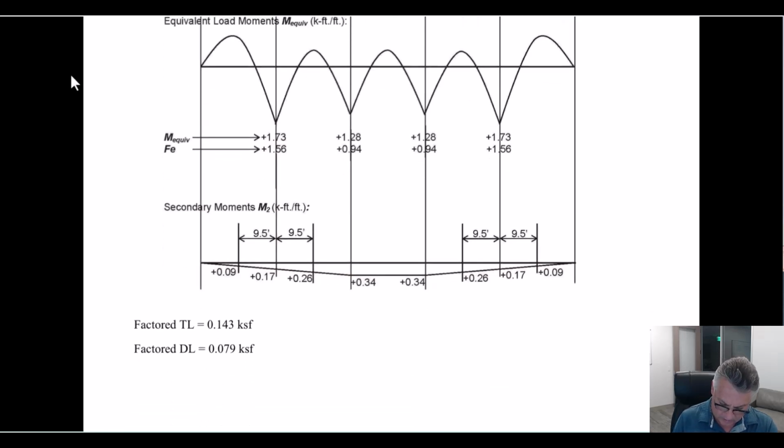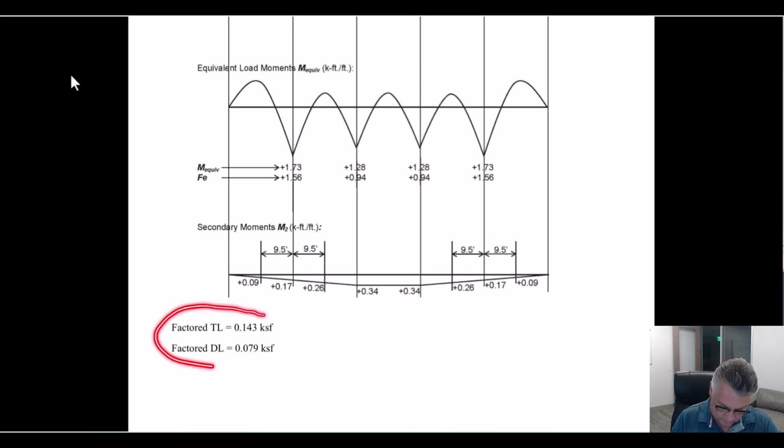These are the secondary effects, the secondary moments, which must be included in the strength design. So notice again, they will subtract from the negative moments, kind of helping us at the negative moments, but they add at the positive moments, just like they did in your project and the homework assignment that I gave you.